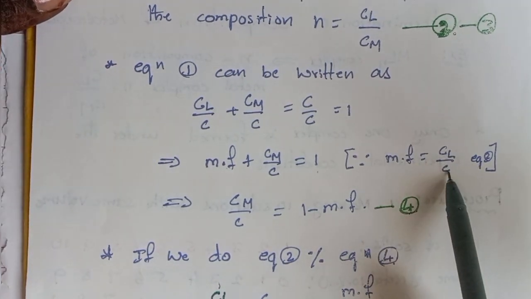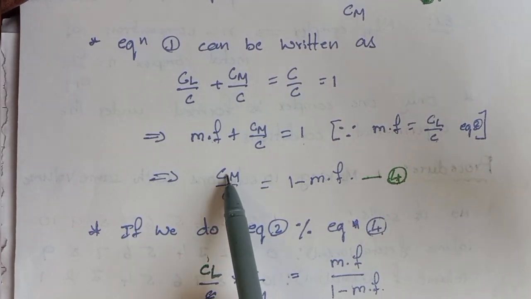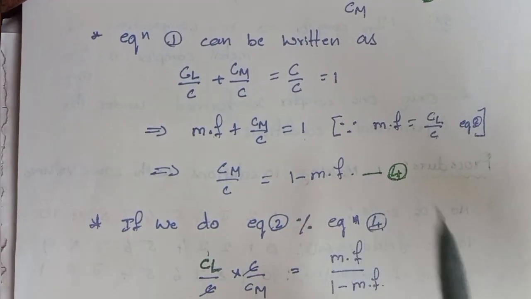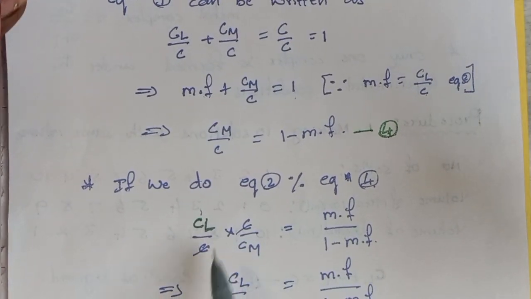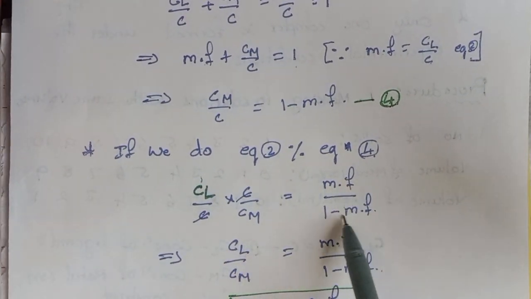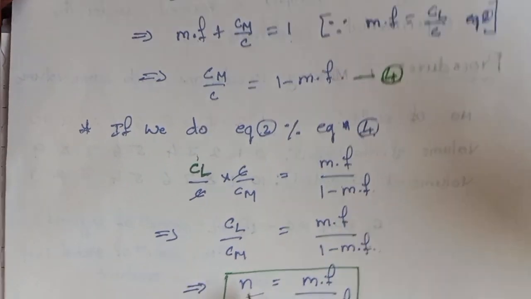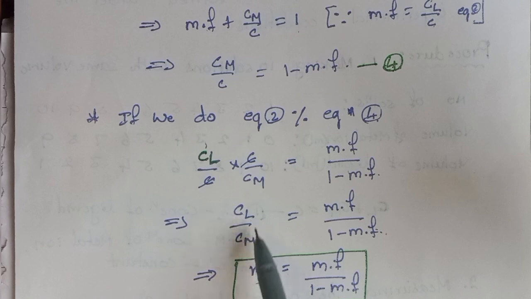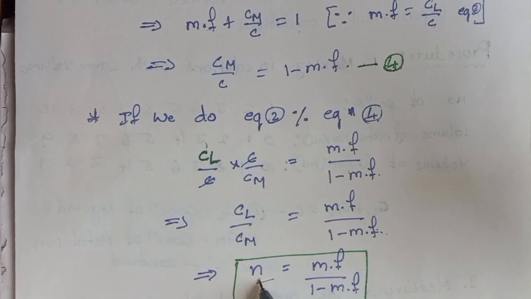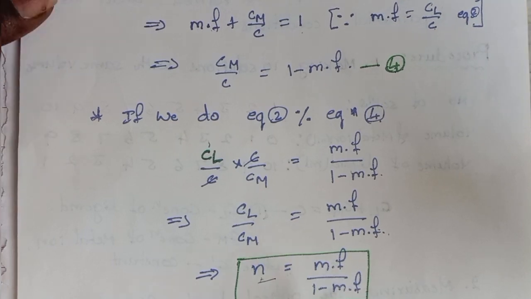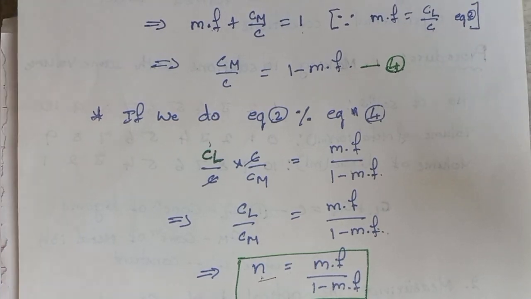So Cl by C into C by Cm equals mole fraction by 1 minus mole fraction. So this equation will come as Cl by Cm equals mole fraction by 1 minus mole fraction. So the composition is the ratio of concentration of the ligand to concentration of the metal ion. So n equals mole fraction by 1 minus mole fraction. So the composition of the metal complex will be determined by using this equation.